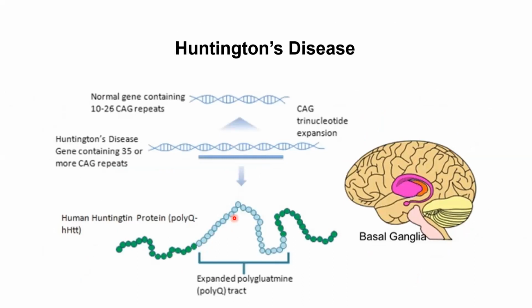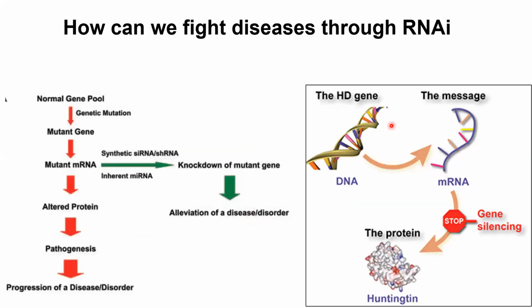And eventually this messenger RNA would be degraded. So that's the Huntington gene. That's the messenger RNA. And with gene silencing, the protein would not be made because the messenger RNA will be chopped before it's being translated.